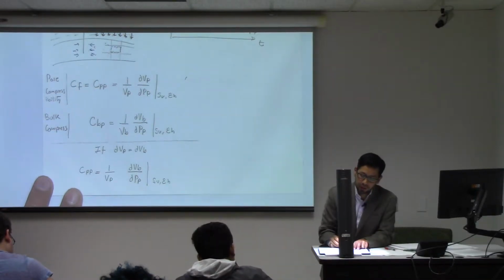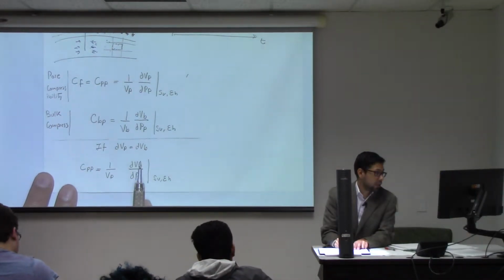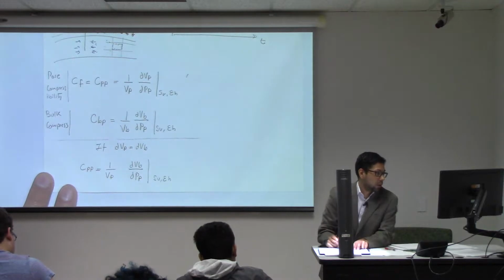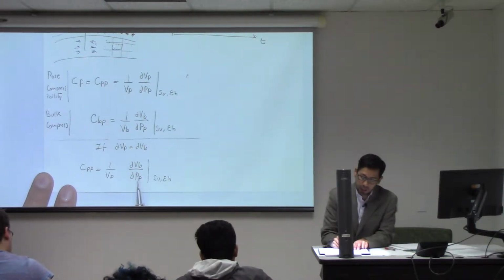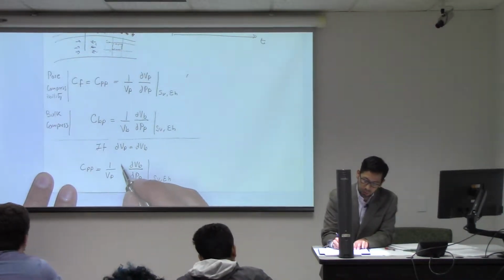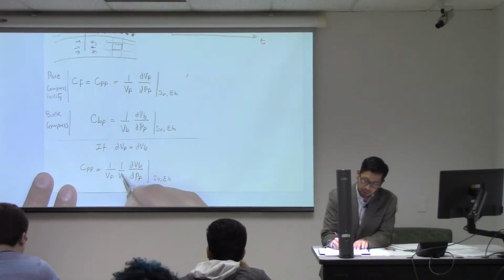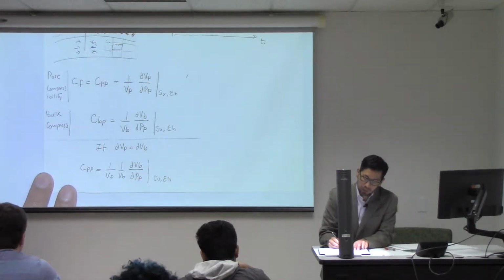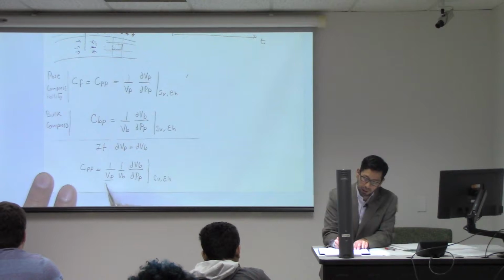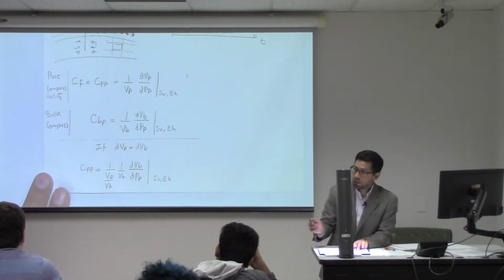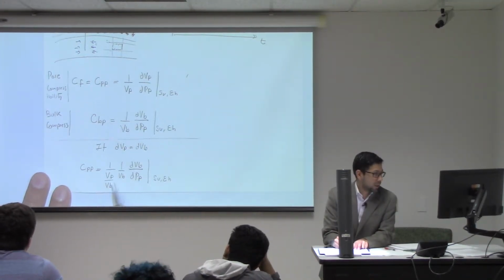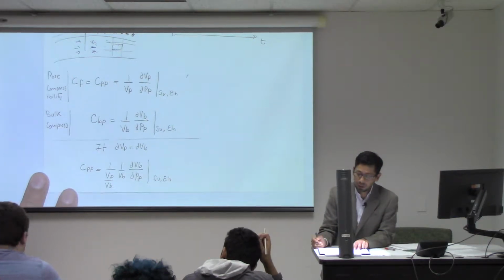In addition to that, I didn't do anything new, okay? I just changed this one for that one. In addition to that, I'm going to divide here by the bulk volume, and I'm going to divide here by the bulk volume too, which I can do, right? Because this one divided by this one is equal to 1, so I haven't done any change.